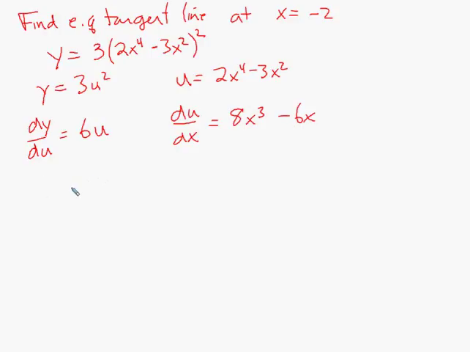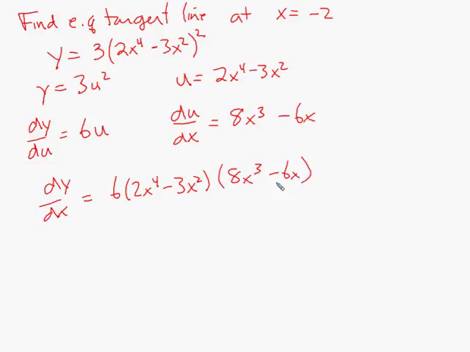And then my dy dx is going to be 6 times u, which was 2x to the 4th minus 3x squared, times this 8x cubed minus 6x. We could multiply that out. 12x to the 4th minus 18x squared.